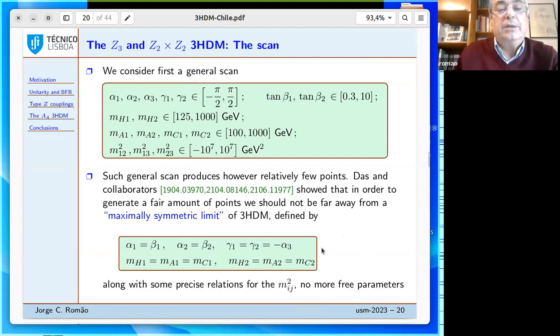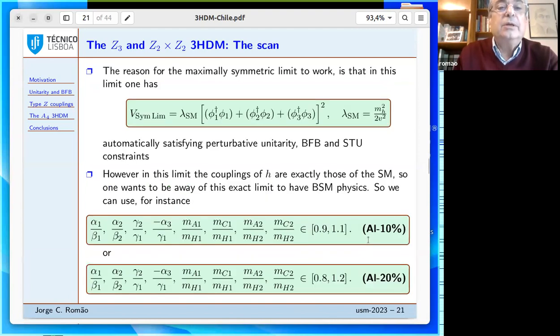What is special about this limit? Well, for one thing, of course, many of the parameters are disappearing, and that, of course, makes life simpler. But the reason behind this being a good limit is that you can show that in this maximally symmetric limit, the potential is just given by this very simple form, where this is the coupling constant of the standard model, which is well known.